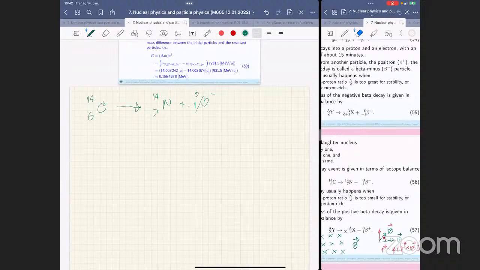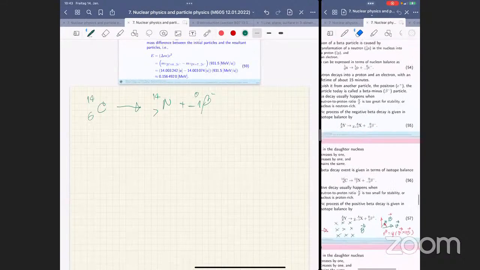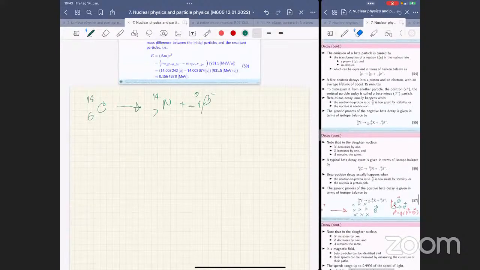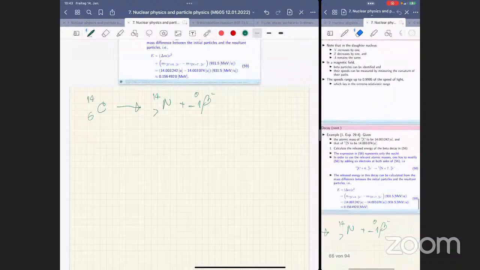Oh, it's ugly, it's not beta. Okay, that is beta, with 0 and -1. All right. Beta decay usually takes place when we have too many neutrons.